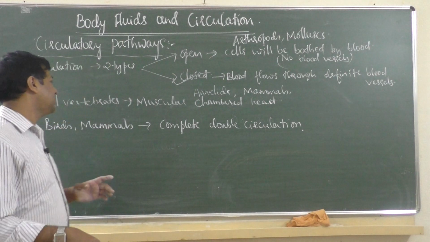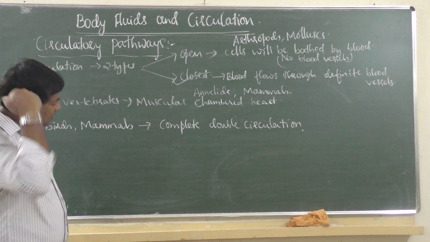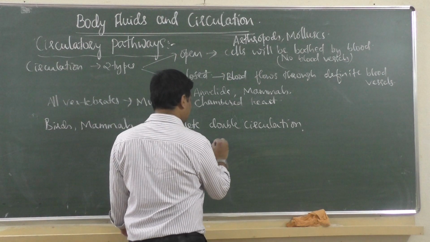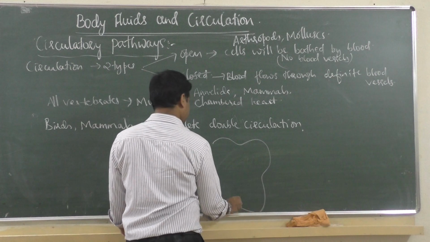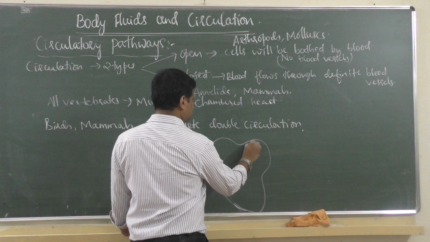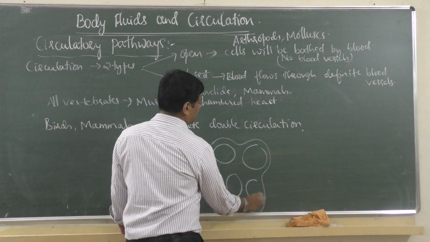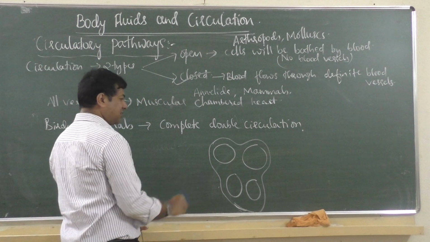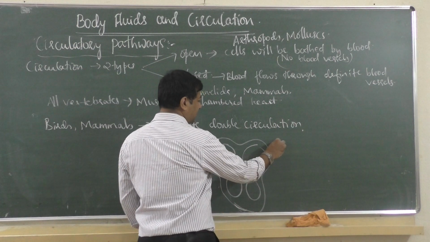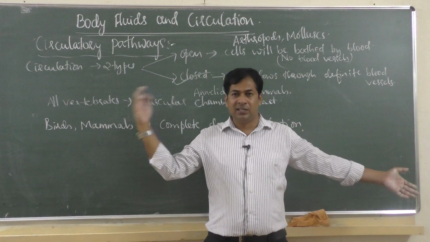Okay, so in the case of mammals, and human beings are also mammals, we have 4 chambers in the heart. Like this is 1 chamber, this is the 2nd chamber, 3rd chamber, 4th chamber. This is just an imaginary diagram. Here, when I stand like this, this is my left side and this is the right side.